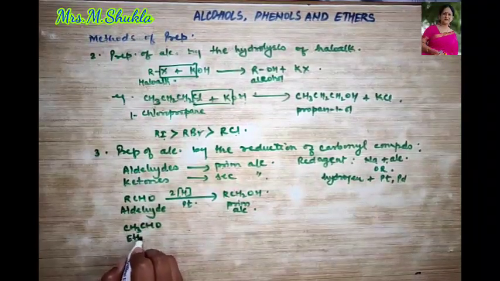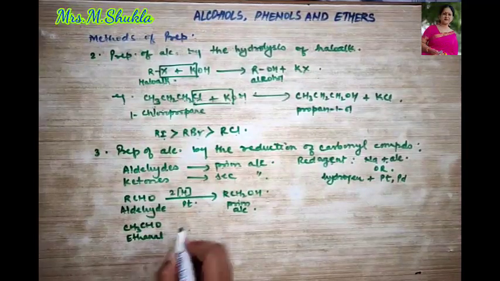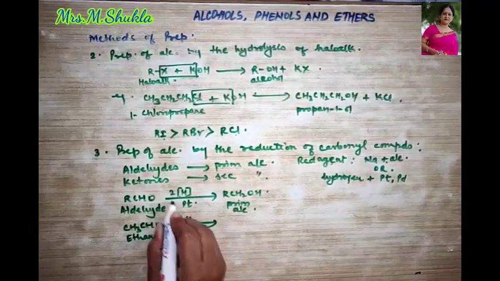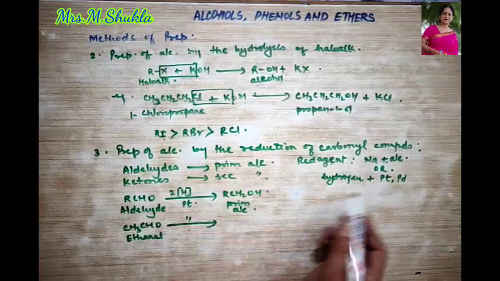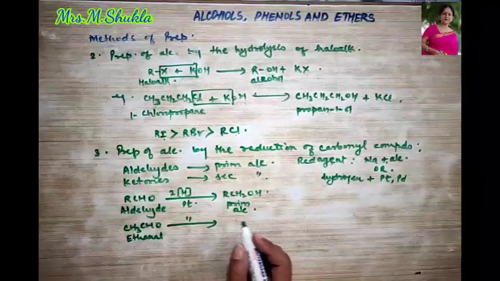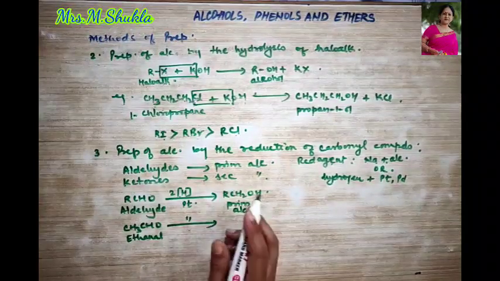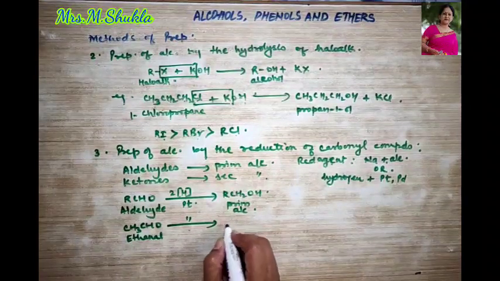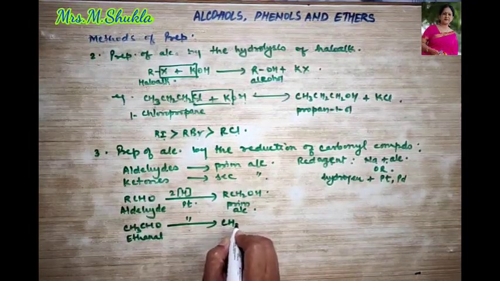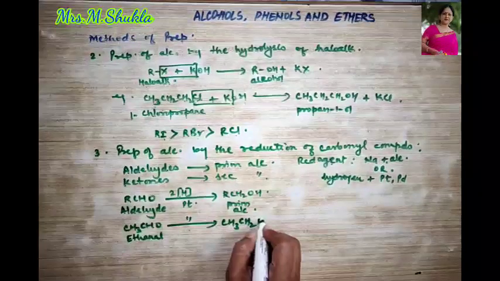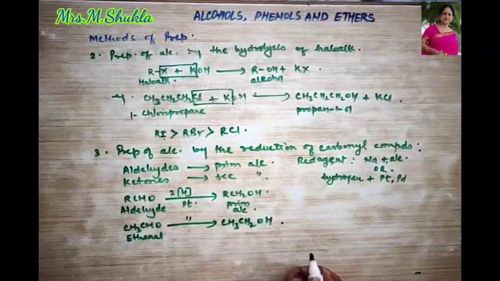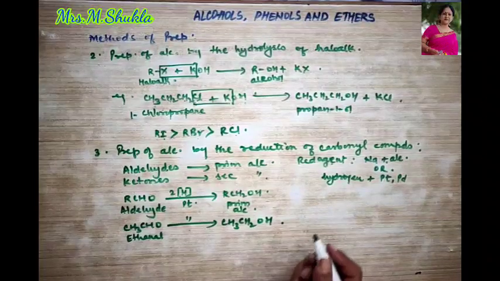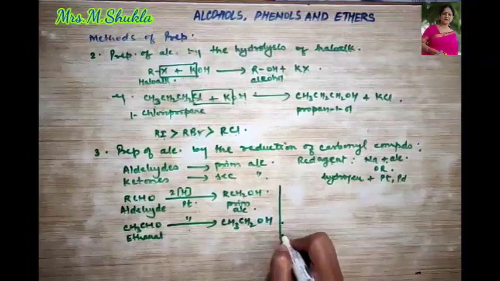Ethanal. Ethanal, when it is treated with hydrogen along with one of the metallic catalysts like platinum or palladium, it should give us what? Ethanol. So this gives us CH3CH2OH.